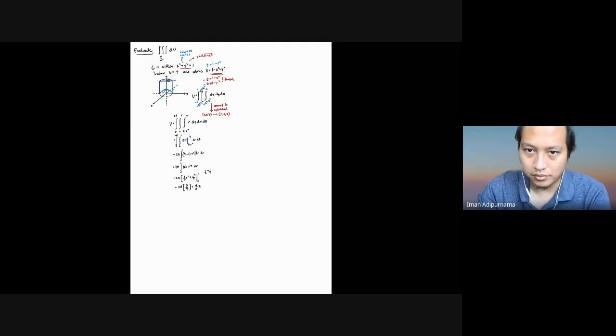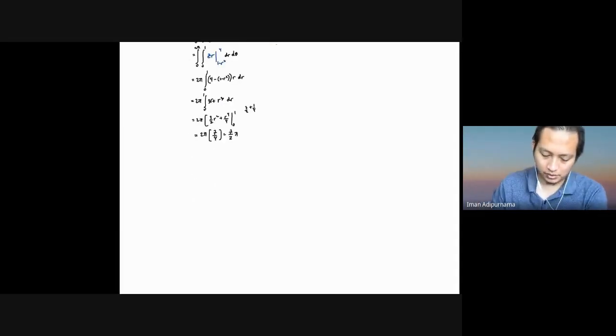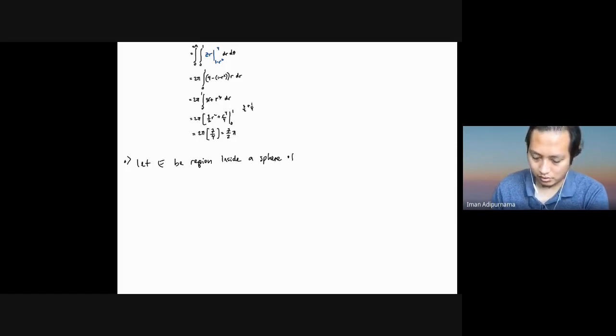Another example is a little bit harder than the previous one. Let E be a region inside a sphere of radius 2, centered at the origin.